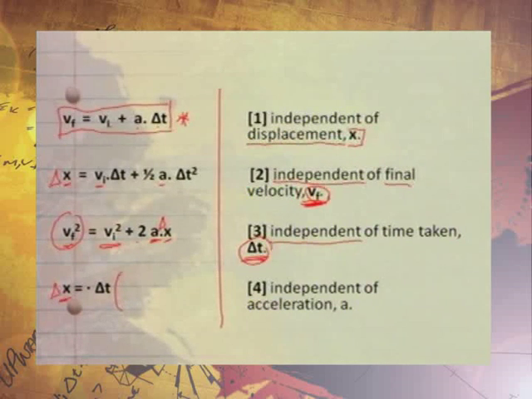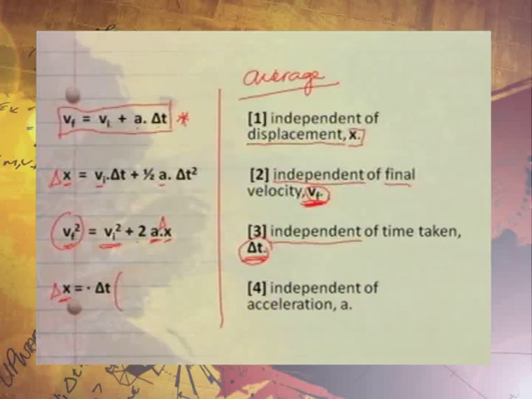Now, you would remember that the word average refers to something you add up and you divide by the number of items you've added up. This time we are adding up the final velocity to the initial velocity. How many quantities are we adding up? We're adding 2, so that's why we're dividing by 2 to get the average. And if we do that, we will get the displacement covered by that object.